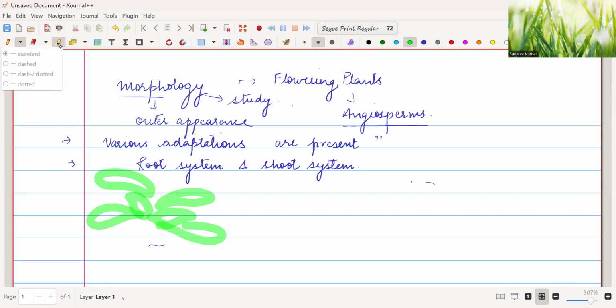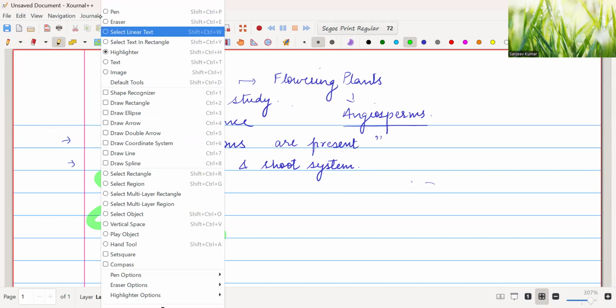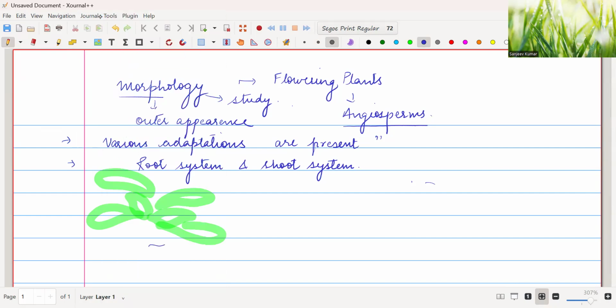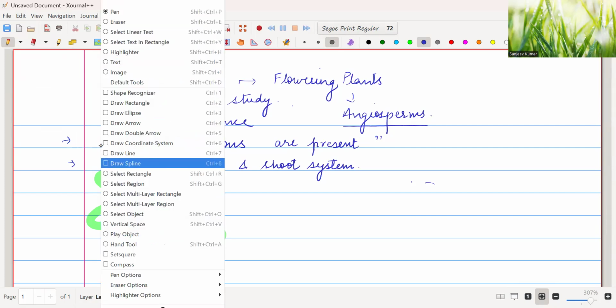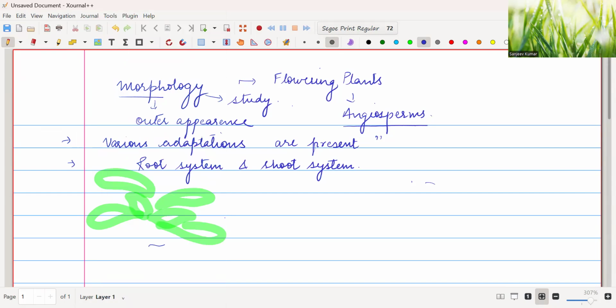Let me use the color. I'll draw it here again.